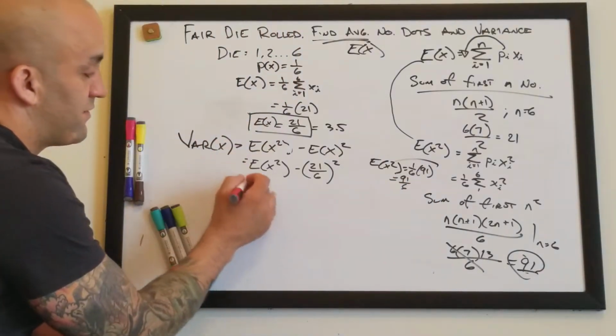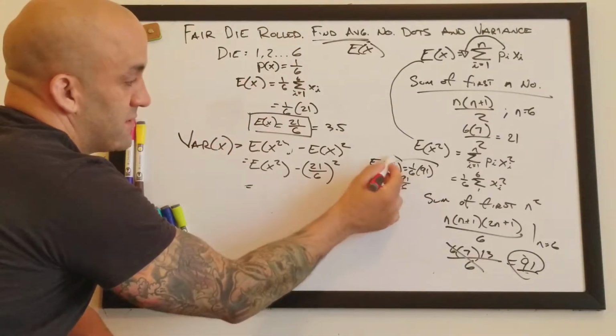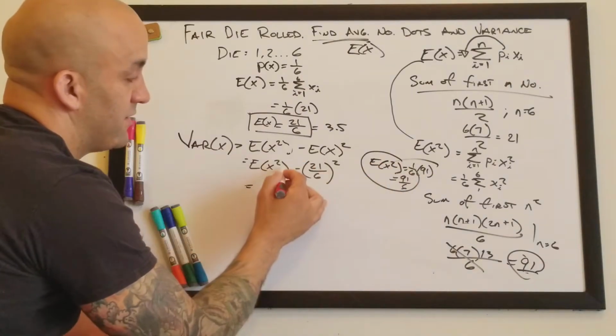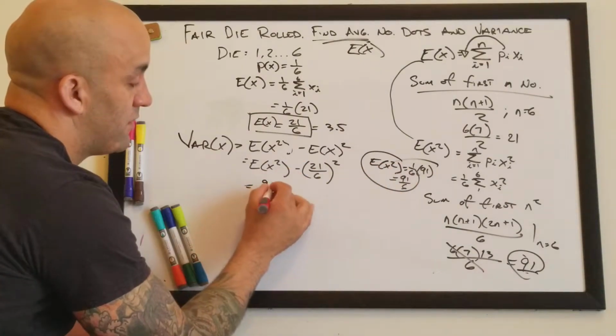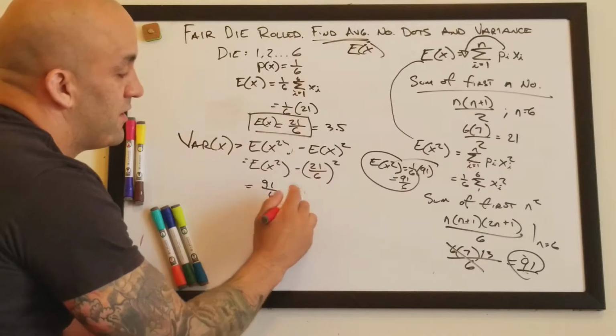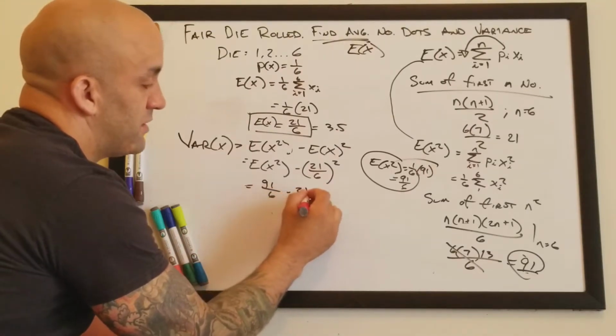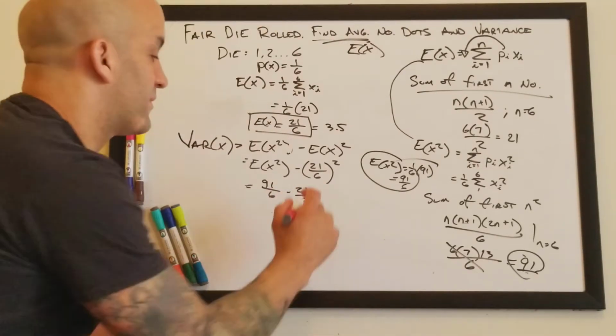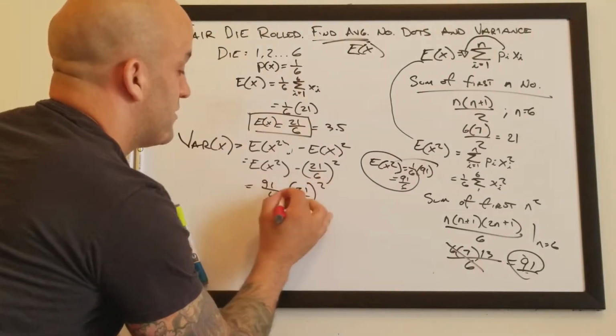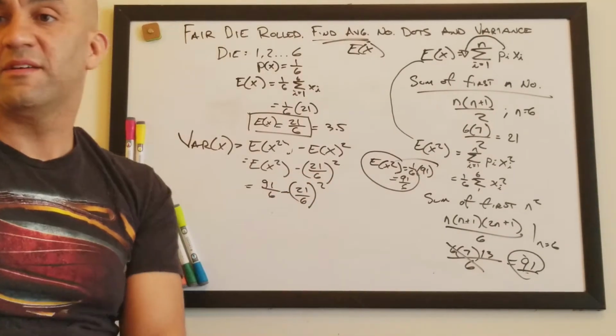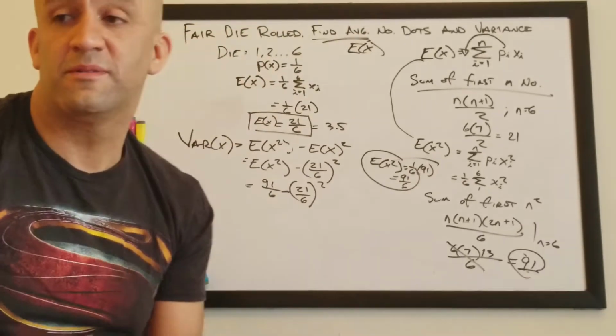So your variance of x is going to equal, we'll take this and solve it into here, 91/6 minus 21/6 squared. I don't have my calculator in front of me. I can do it real quick for you.